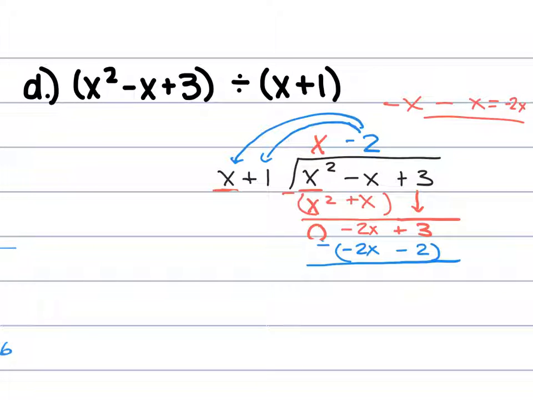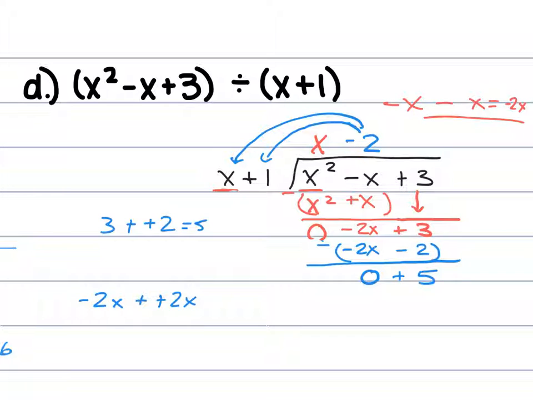Negative 2x minus a negative 2x is what? 0. And the other one, we've got 3 minus negative 2 becomes 5.